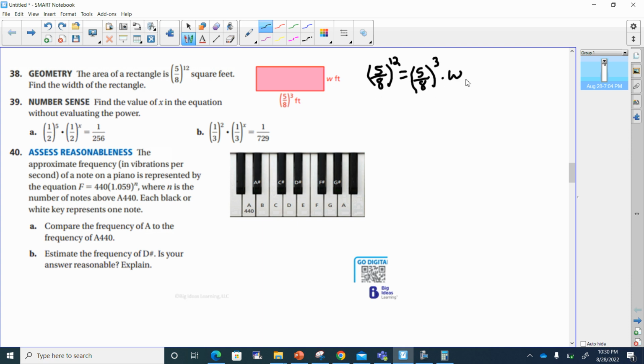If that's true, what's the only thing that I can go ahead and put here? Since I'm multiplying this here, I could divide 5 over 8 to the 3rd power away from it to get W by itself. Whatever I divide from one side, I divide from the other.